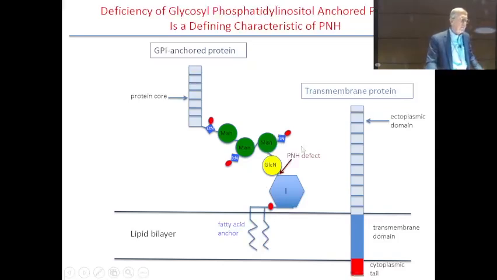And so the PNH defect involves the very first step in the biosynthesis of this anchor, and that's the PIGA protein, which is actually an enzyme, a glycosyl transferase that attaches the amino sugar to the inositol portion of the structure.